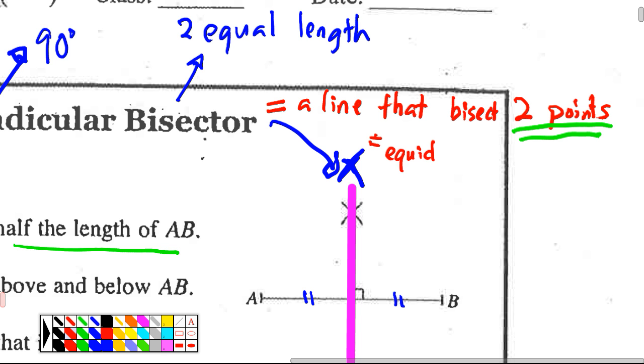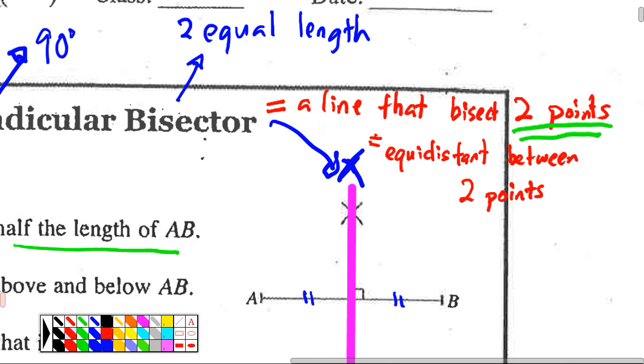Equal distance between two points. So next time when you see, Joey, can you construct a line that is equal distance between two points? What do you construct? Perpendicular bisector. Okay?